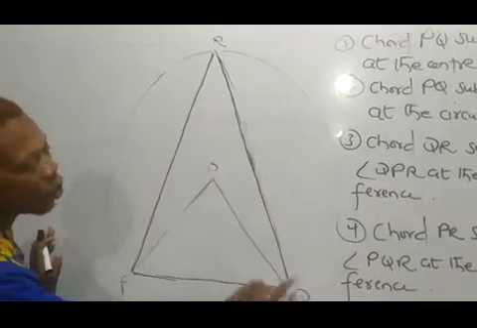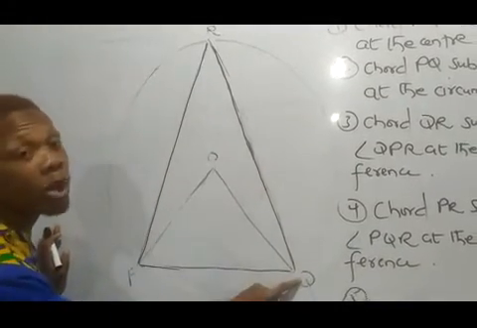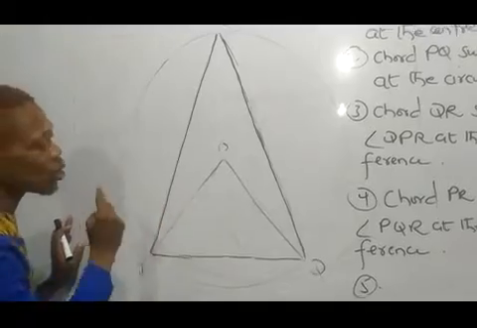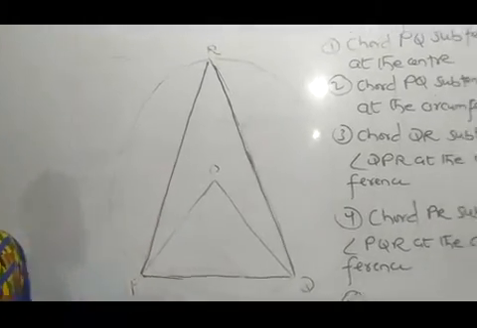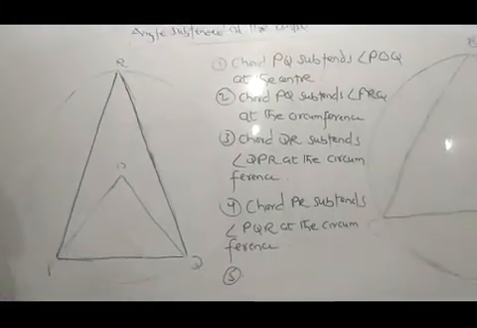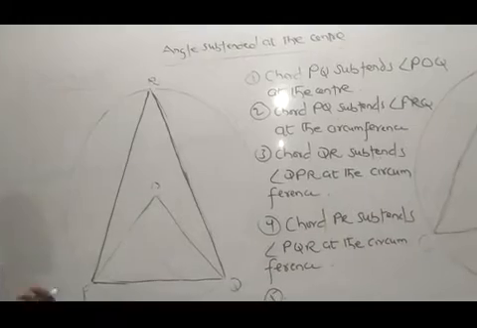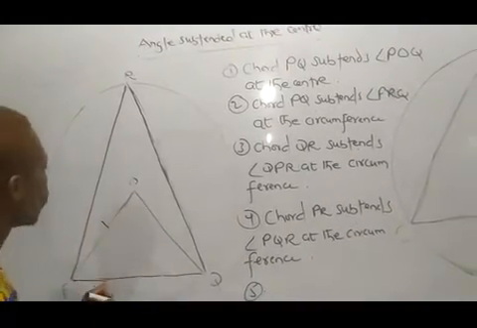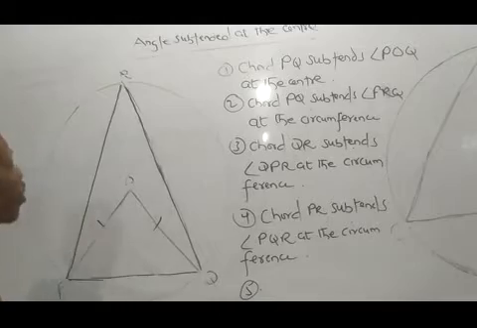So from the center O to the point Q, this line here is a radius, and from the center O to the point P, this line is also a radius. And the radii will always be equal in length. So the line OP will be equal to the line OQ.